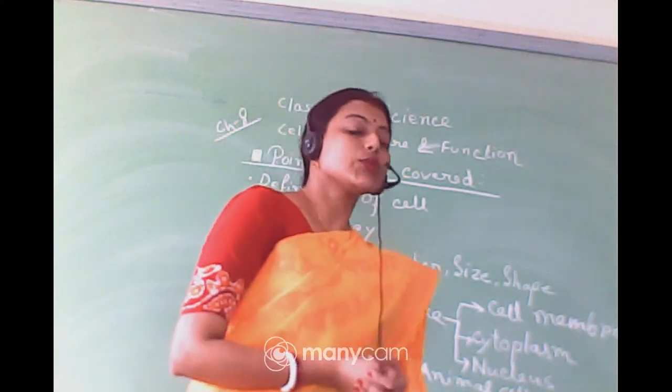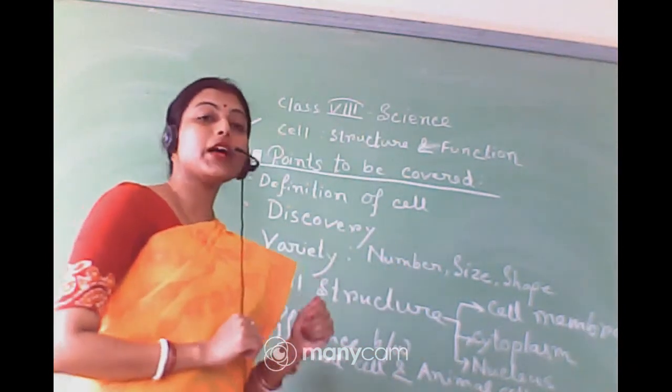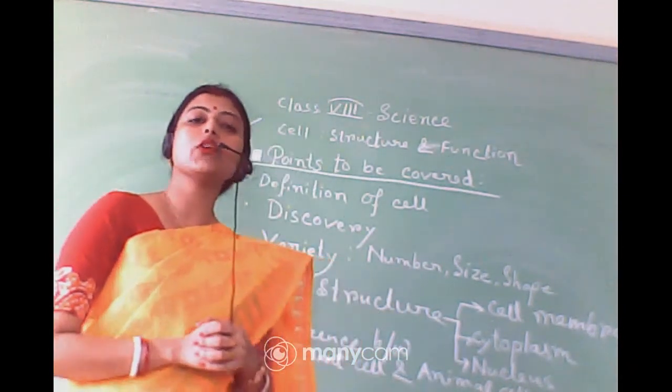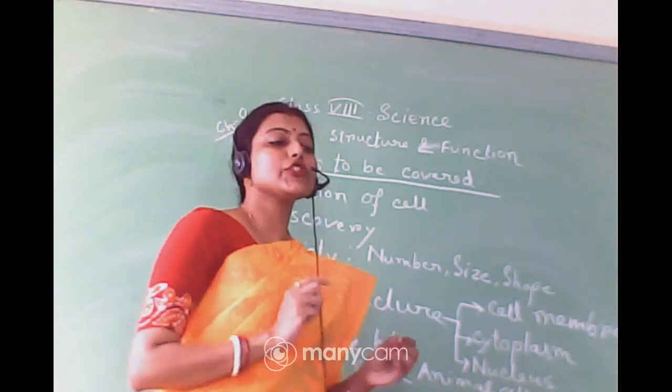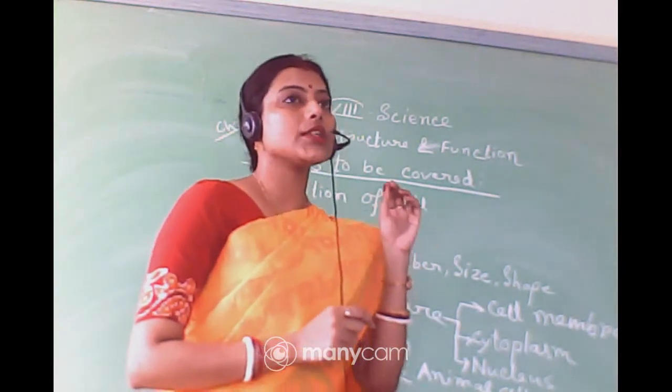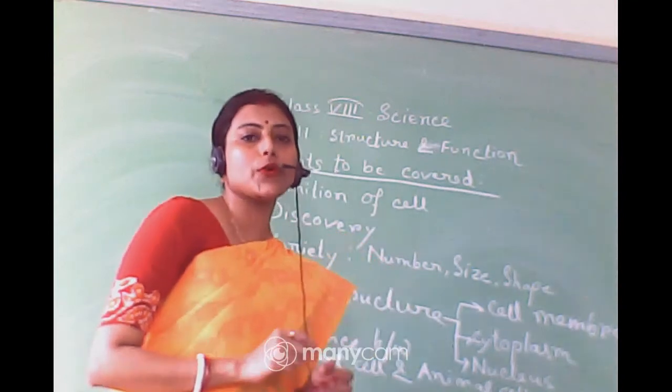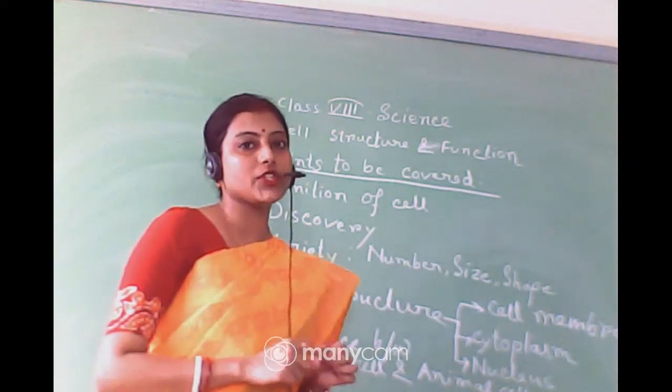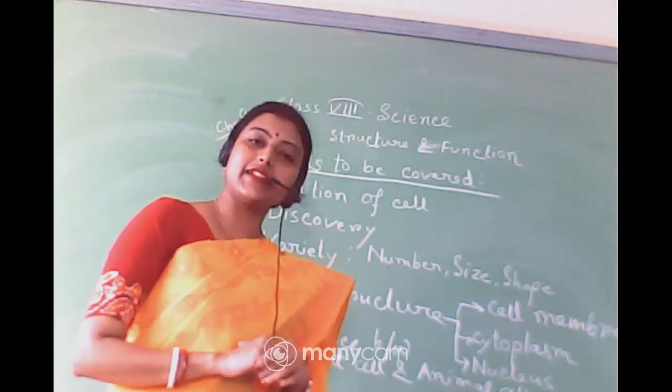So after the nucleus, what is the concept of the genes? The genes are the smallest part of the chromosomes, which are mainly responsible for controlling the characteristics.